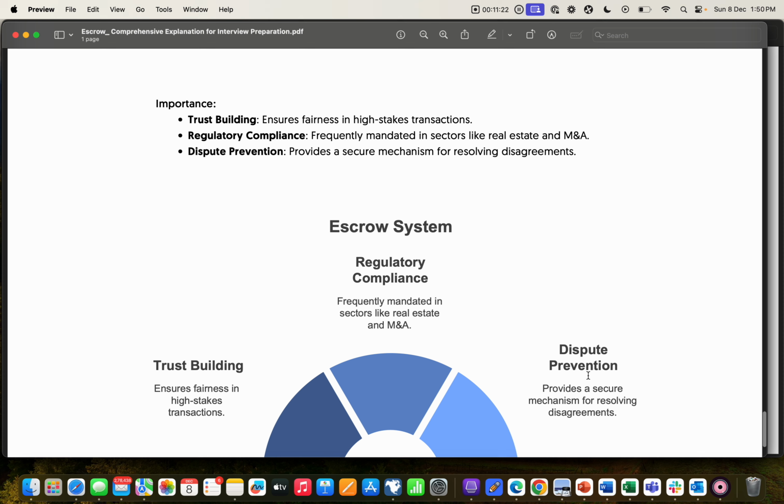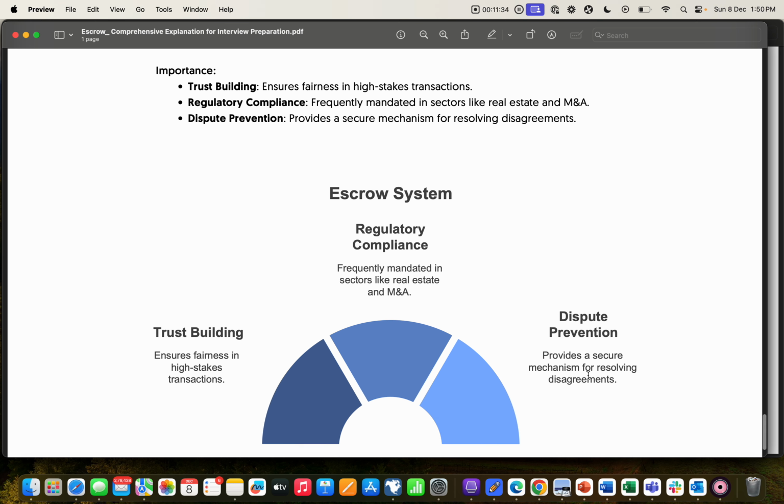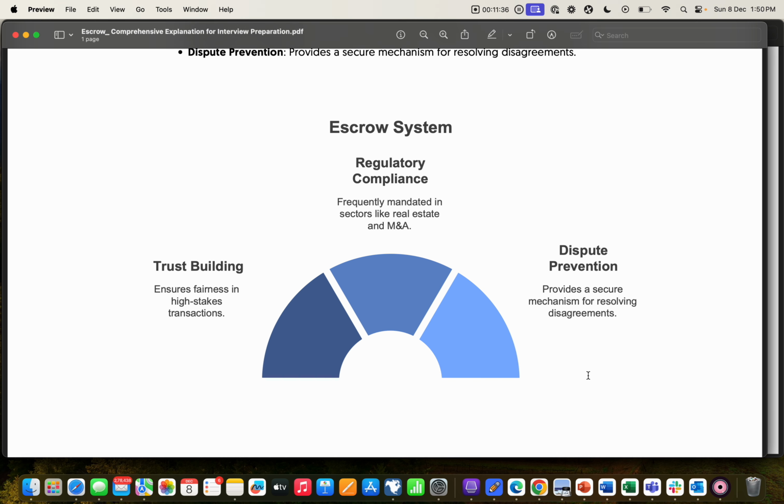Important: trust building, ensuring fairness in high-risk, high-stake transactions. Regulatory compliance: frequently mandated in real estate and merger and acquisition, so there are many regulatory compliances for these.